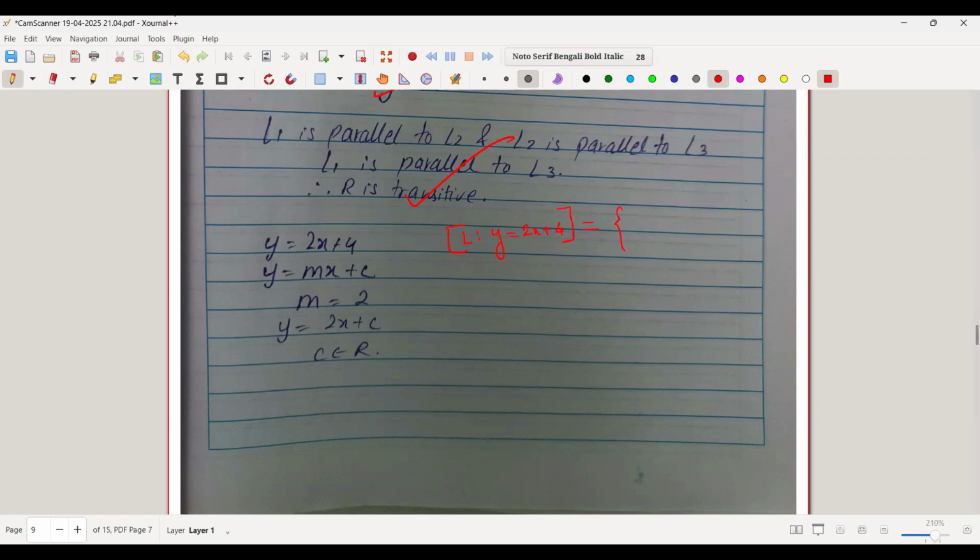This class is the set of lines L such that y equals 2x plus c. This is the class. Okay, right.